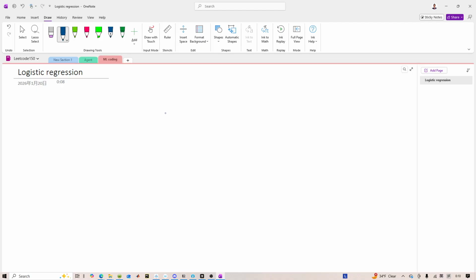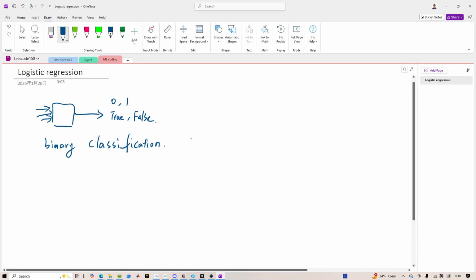This algorithm usually takes a bunch of inputs and then makes one prediction between 0 and 1, or true or false. It is a binary classification algorithm.